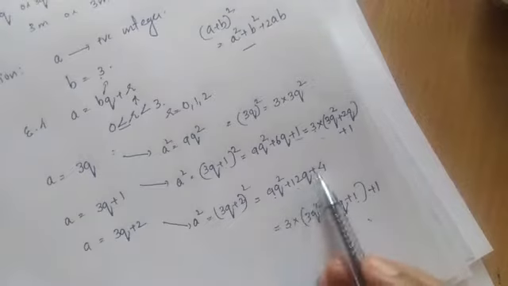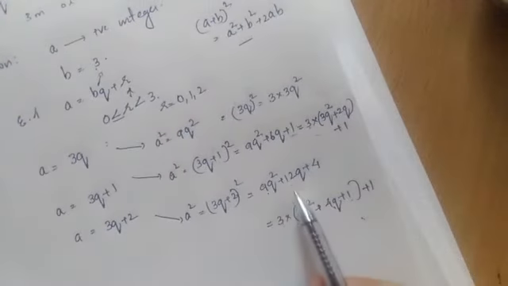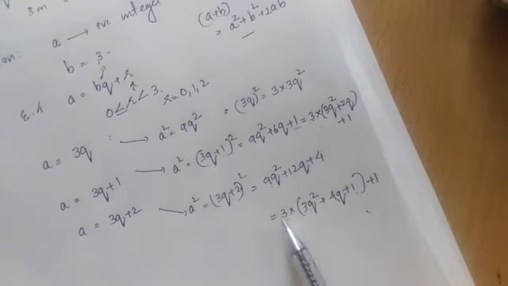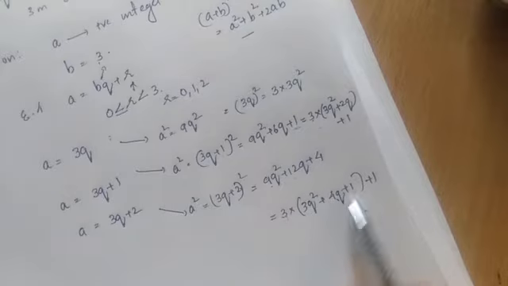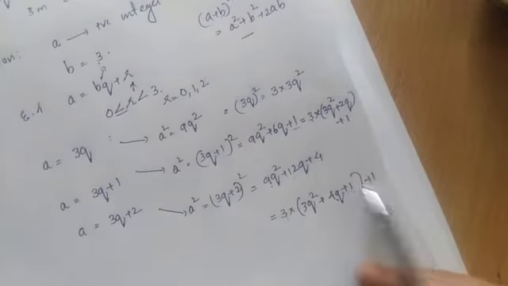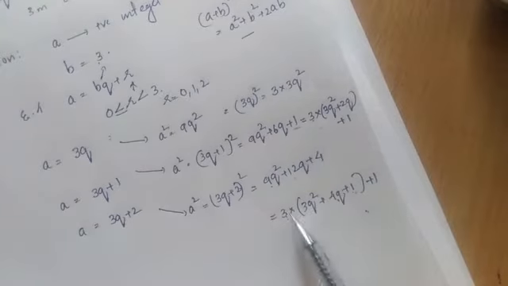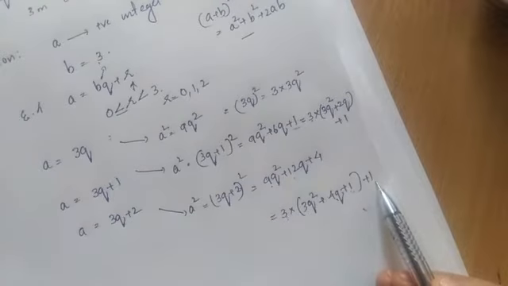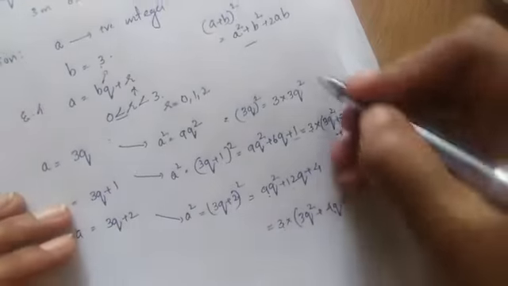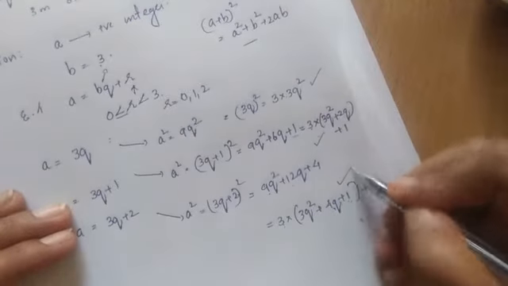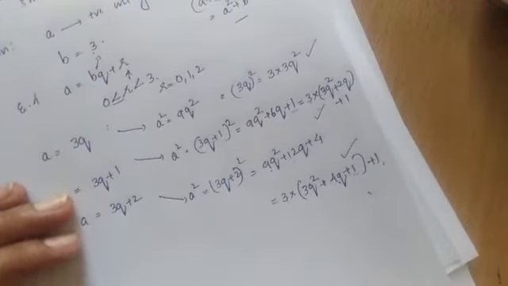So from all these terms, we take 3 as common: 3 common, 3q square plus 4q plus 1. By multiplying this, we only get 3, and the remaining 1 is placed here, since 4 is equal to 3 plus 1. So we get 3 expressions.